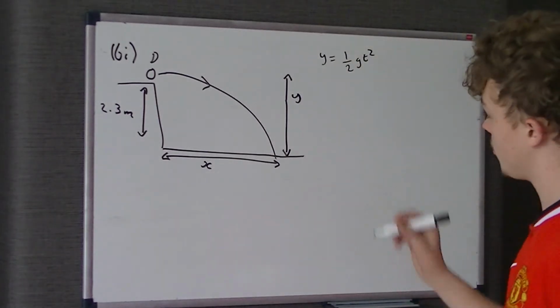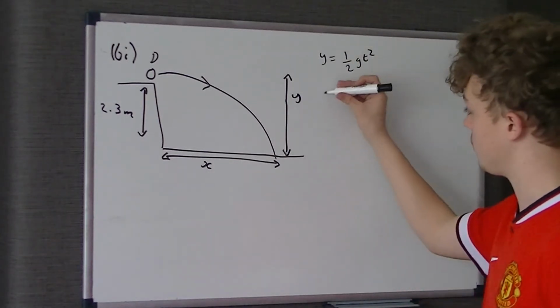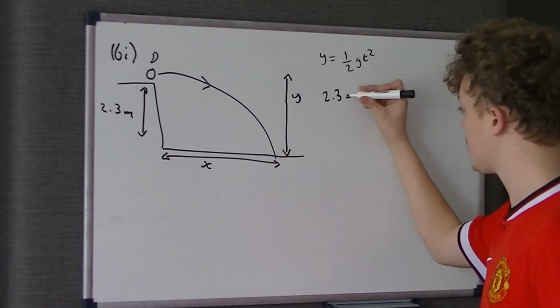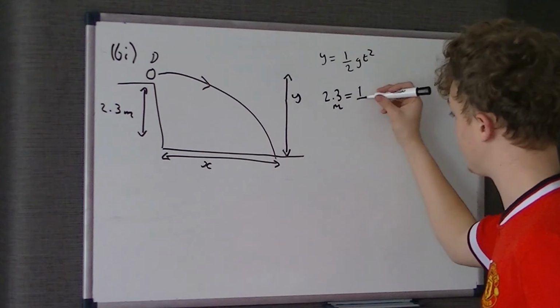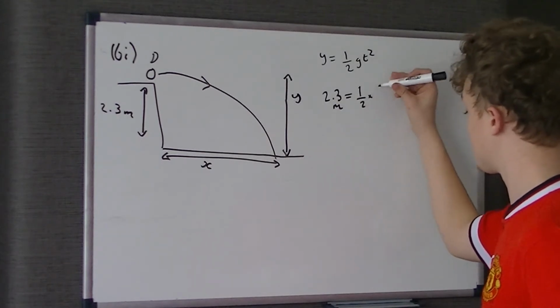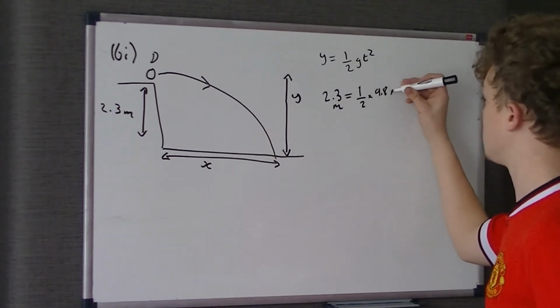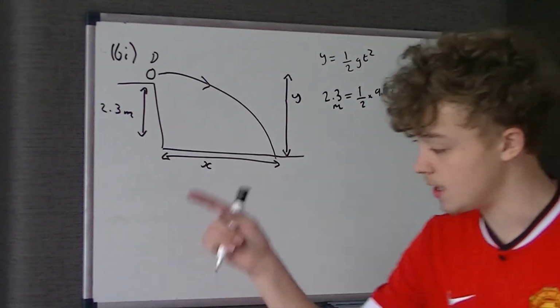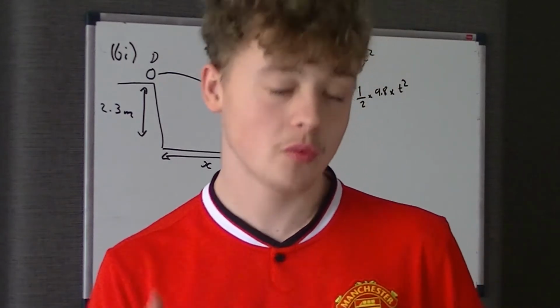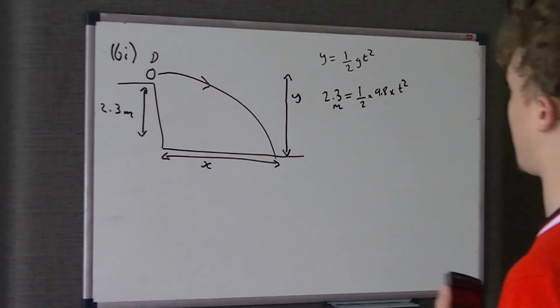Now we know the y displacement, which is 2.3 metres, so put that in, equals 1/2 of g, which is 1/2 of 9.8 times t squared. Now we do know t, we're given it in the question, 0.7, but we've got to prove it, so you can't just put it in there.